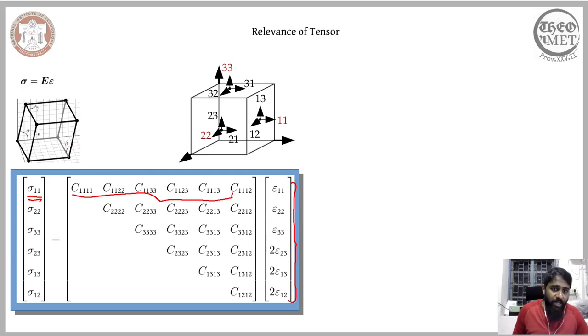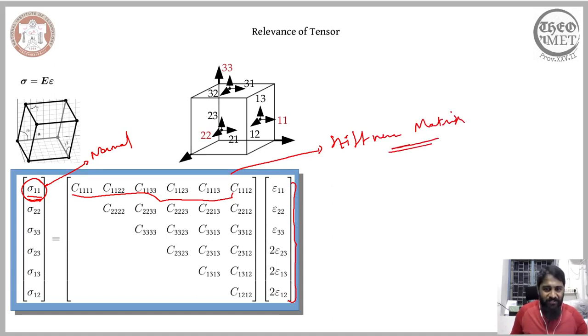Let me repeat: if I impose a load and resolve it into components, and the component I'm considering is a normal component, and I want to understand the strain caused by this normal component, I just have to multiply this row with this column here. And by the way, guys, this is referred to as the stiffness matrix.